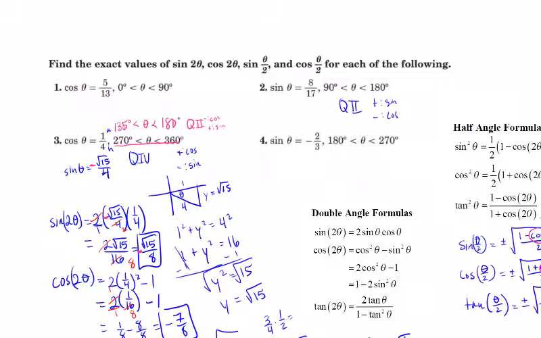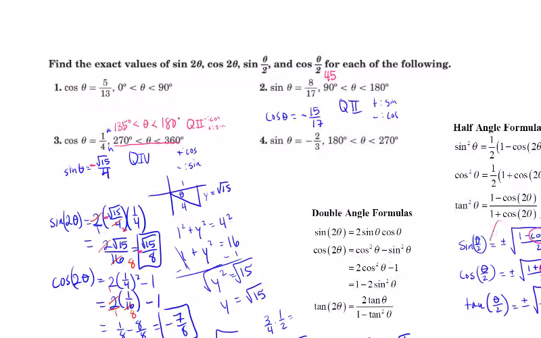So when we find cosine here, this is going to be negative whatever, right? Like, 8 over 17 is the 8, 15, 17 triangle. And so this will actually be 15 over 17, but we'll have to make it negative because we're in the second quadrant, right? Now, when we find our half angles, the double angles will work themselves out, so you don't have to worry about that.